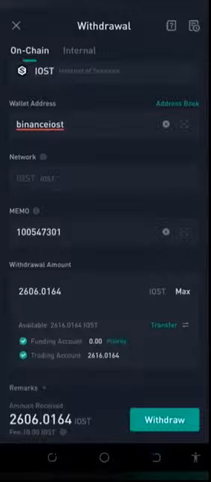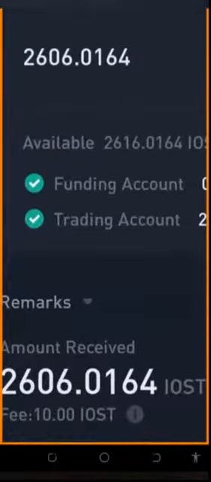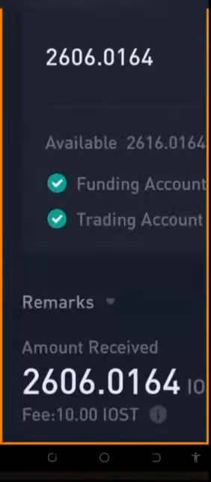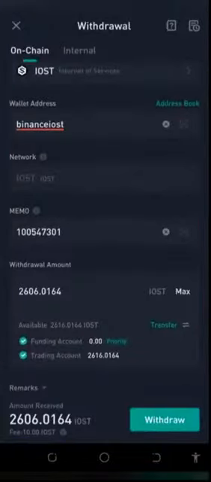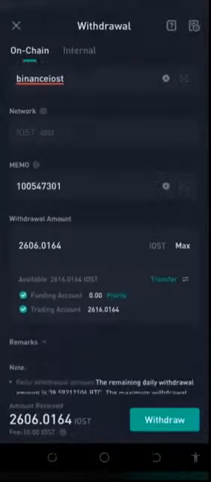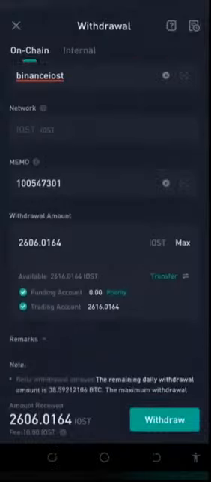So what we get is 2606. Remember that there's going to be a withdrawal fee of about 7 cents. It says that the fee is 10 IOST, which is equivalent to about 7 cents. Okay. So we're going to go over and get this done. All right. So one to go. Let's withdraw.